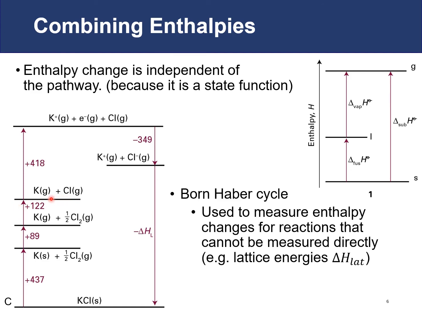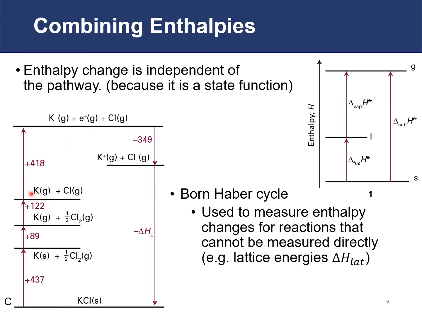Okay, we can then put in a good amount of energy, pull an electron off of the potassium so that we get the potassium ion, that electron, and the chlorine atom. Then we take the electron, put it into the chlorine atom, and we get the potassium ion in the gas phase and the chlorine ion in the gas phase, and we know the amount of energy that it takes to go all the way up and then down to this point.